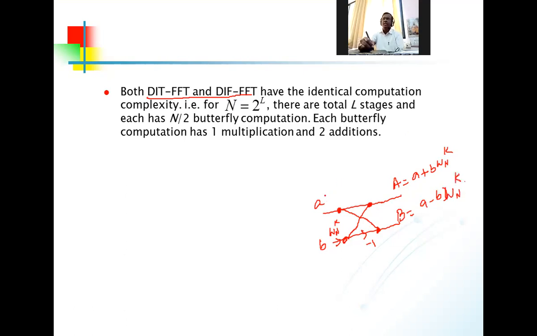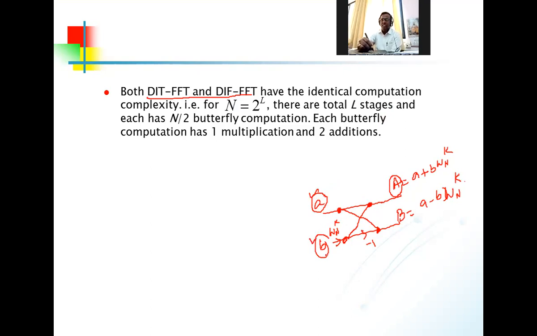While calculating the values of each stage, we first have to store small a and small b, since to get the outputs we require the values of a and b.